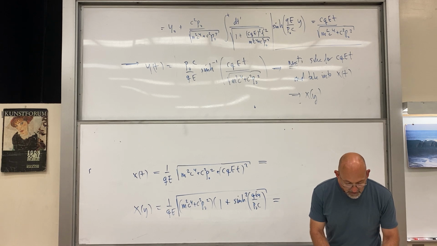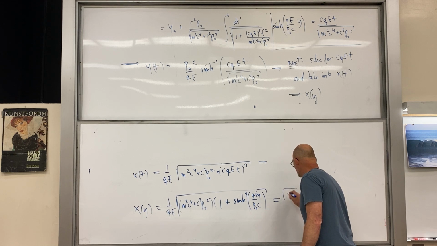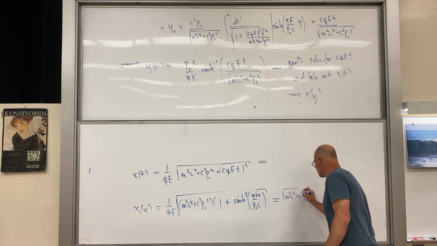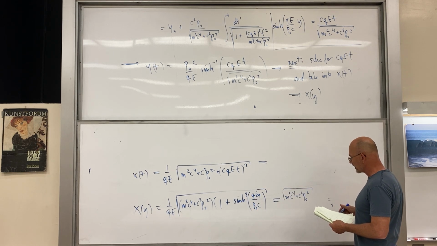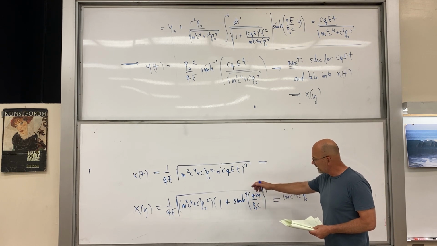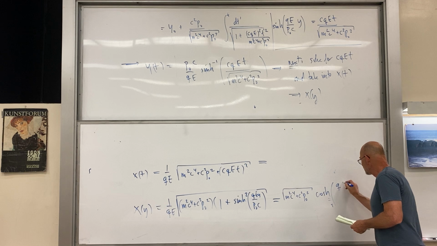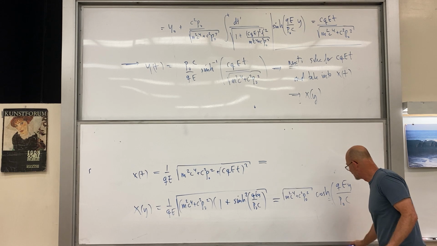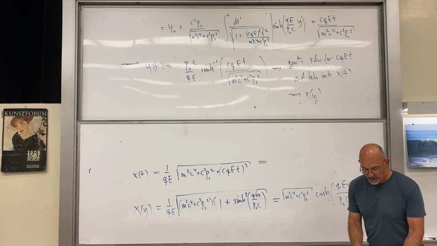So I was going to skip that, but let's go ahead and keep that. So we have root m squared c to the fourth plus c squared p0 squared, and then 1 plus hyperbolic sine squared is hyperbolic cosine squared, and we take the square root of that, we get hyperbolic cosine. So hyperbolic cosine of qEy over p0c. Good, so we're going to analyze that.